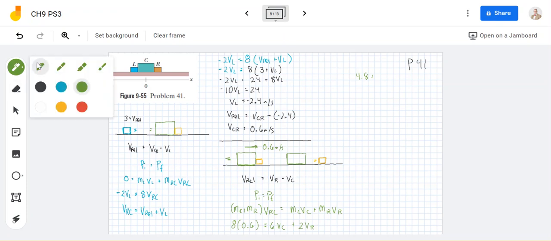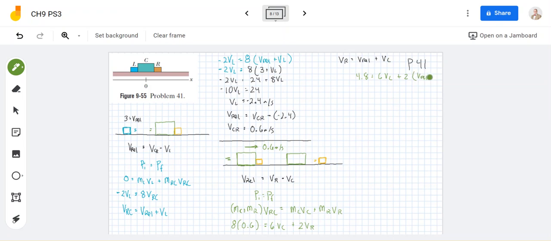So the velocity of the right is going to be equal to the relative velocity plus the velocity of the center. And I'll plug that in down here. So 4.8 is equal to 6 times the velocity of the center plus 2 times, substitute in here, the relative velocity plus the velocity of the center.